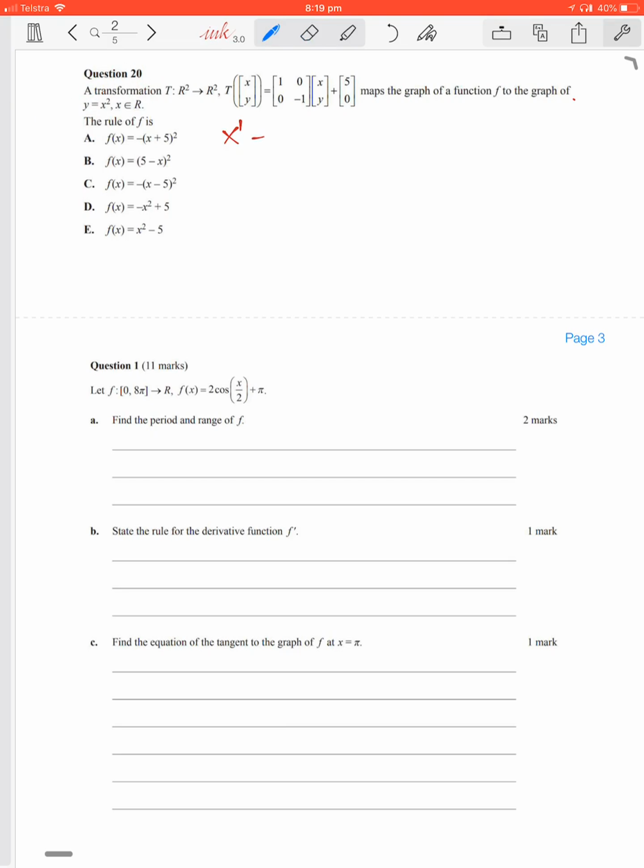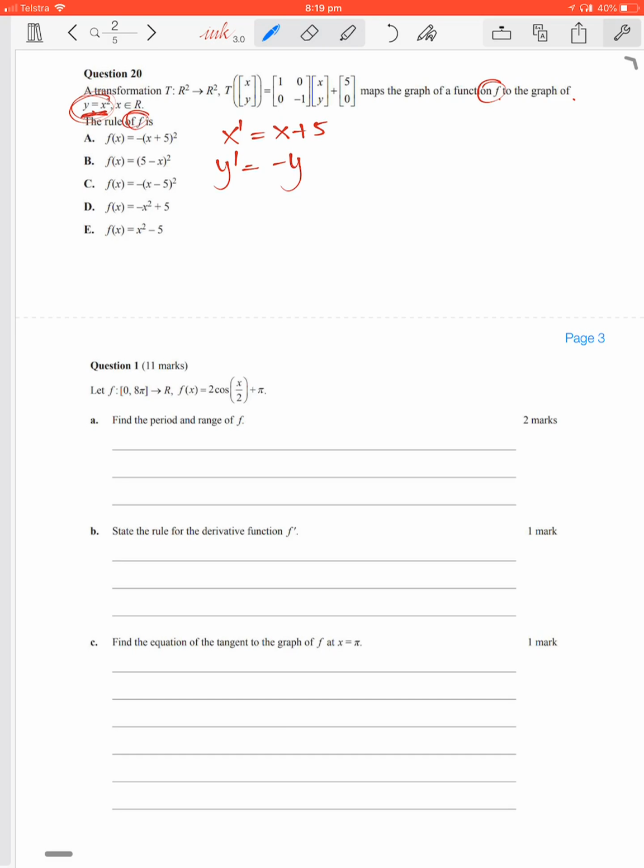We'd say x dash is equal to x plus 5, y dash is equal to negative y. Then we would transpose it, but we don't want to transpose it because we've already got what it became, but we want to know what it was originally, because it says it maps the function f to the graph of this. So we want to work backwards.